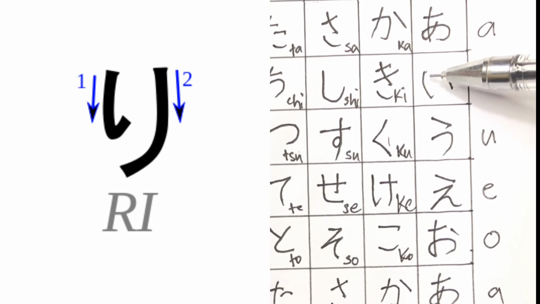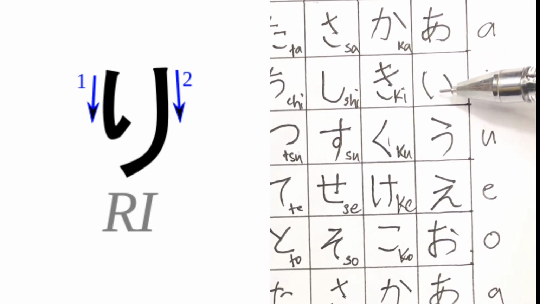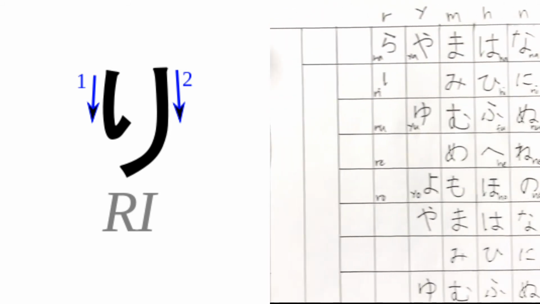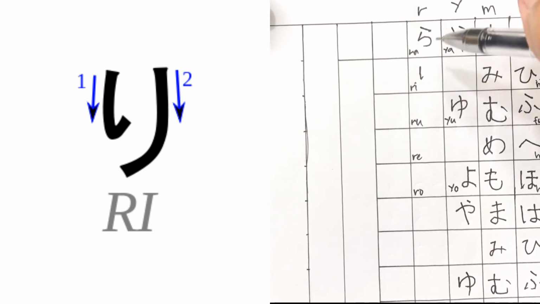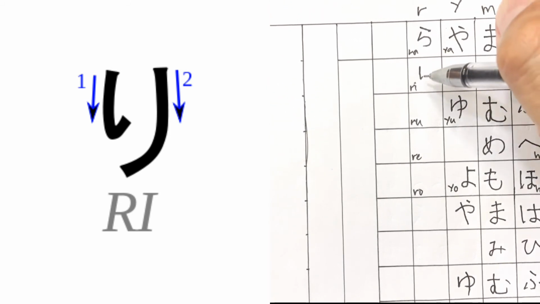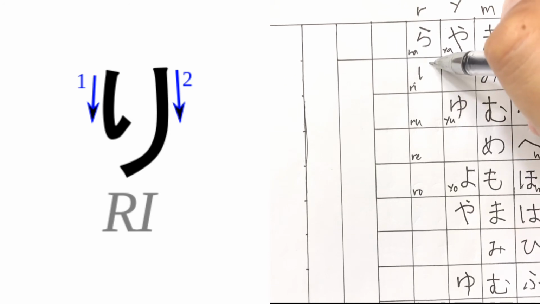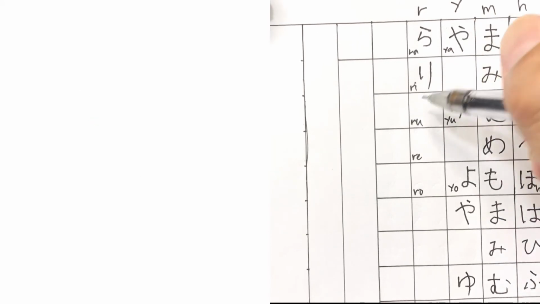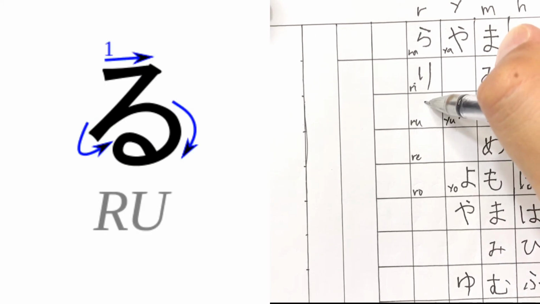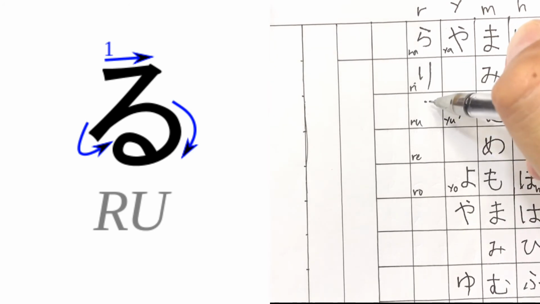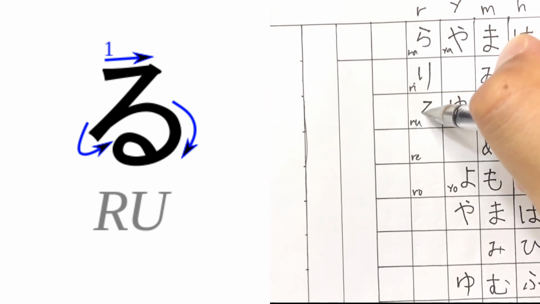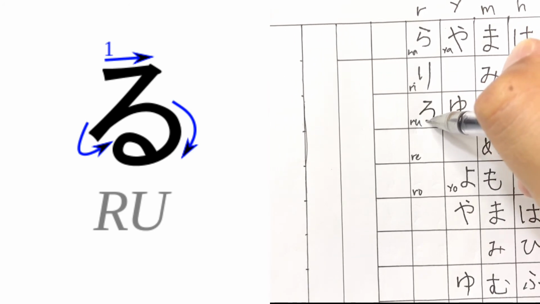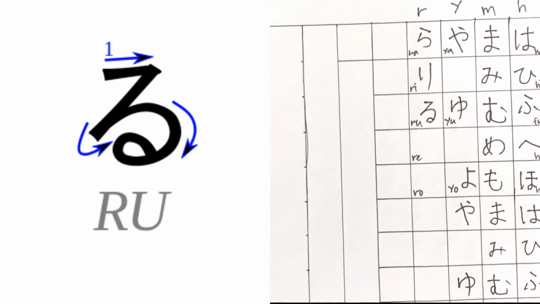On the E character, we started with a long line followed by a short line, but on the ri character, it's the opposite. Start with a short one followed by a long line. Ri. Ru is like a number 3 with 1 stroke. 1, then we turn. Ru.